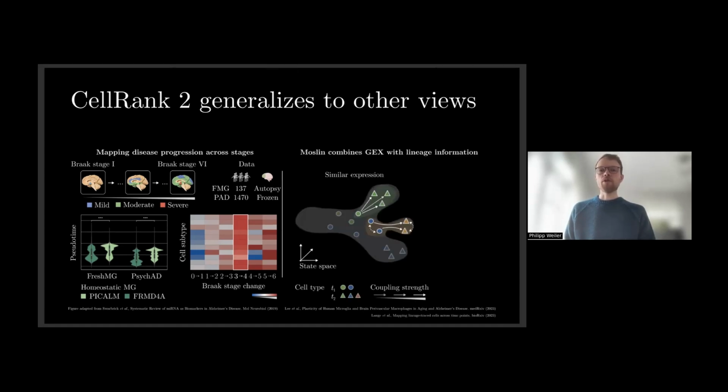Similarly, you now have other works using our tool in their pipeline. So this shows that it's modular and usable by the community. For example, in this case, they didn't only use gene expression, but also lineage information that you can measure experimentally.